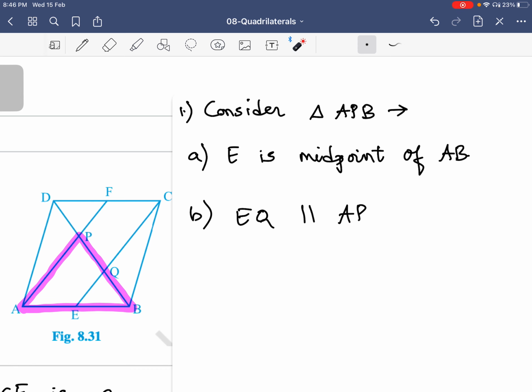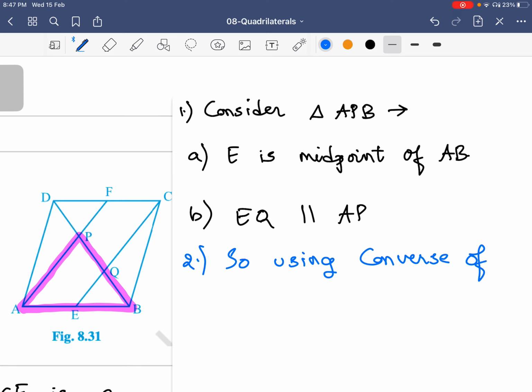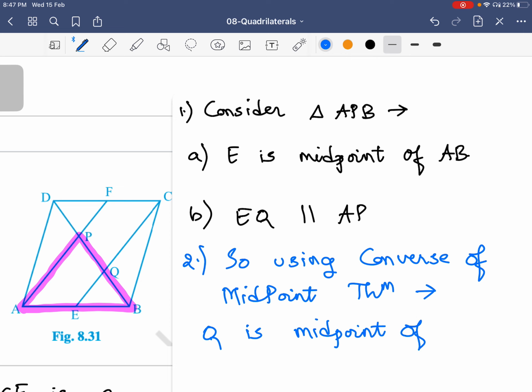E is the midpoint of AB, so this line that we construct touches PB at Q. So Q will be the midpoint of PB. Again, why? Using the converse of the midpoint theorem, we can say Q is the midpoint of PB.